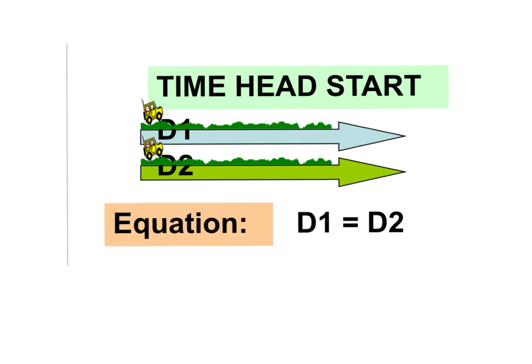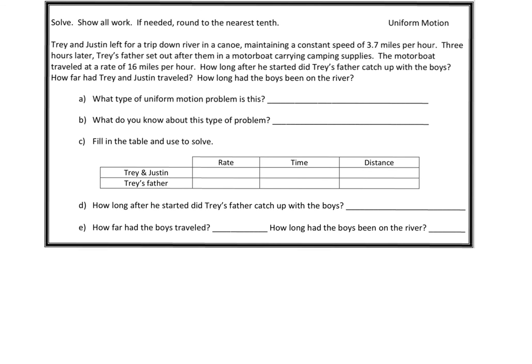So here it says head start, whichever way you want to write it. But typically one leaves and another one leaves later, and then they catch up at some point. The example here: Trey and Justin left for a trip down a river in a canoe, maintaining a constant speed of 3.7 miles per hour. 3 hours later, Trey's father set out after them in a motorboat carrying camping supplies.